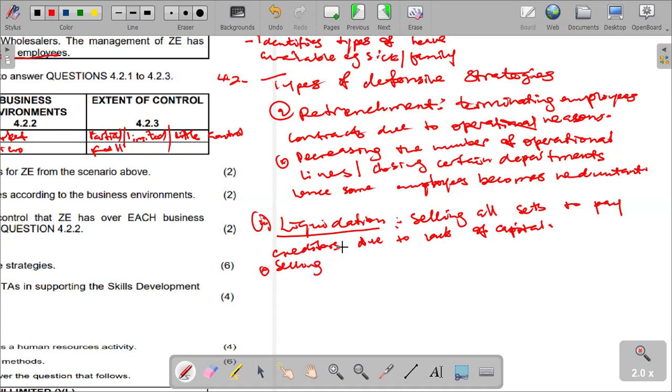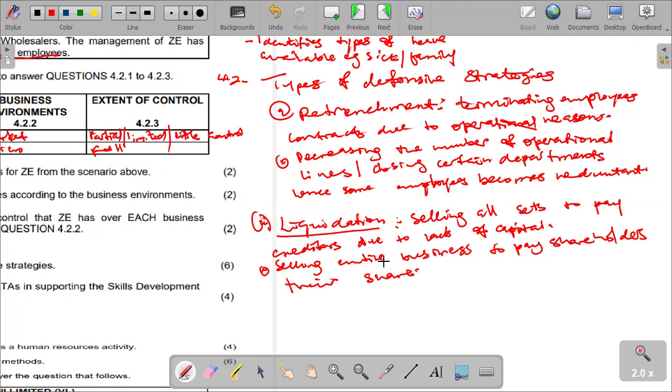So businesses sometimes can sell the whole business to pay the shareholders, the investors who might need to be paid.